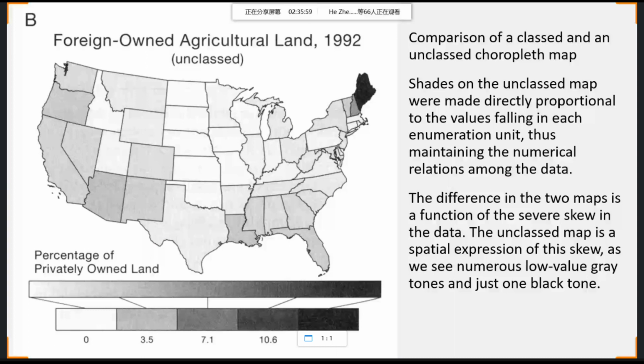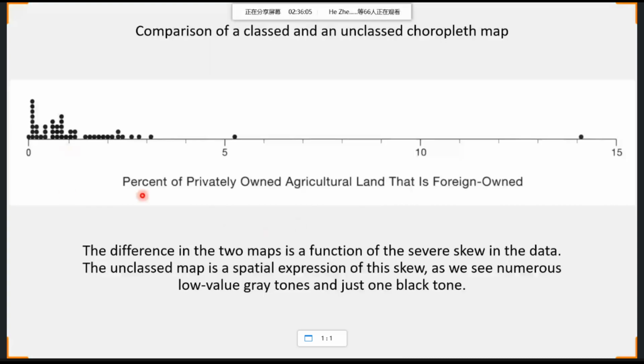So you see here the comparison of classed and unclassed choropleth map. This is the number line. And you have the percent of privately owned agricultural land that is foreign owned here. And you have the states now of the United States. So each dot here is a state of the United States. And you see it's positively skewed. So it's very similar to our example from the classification chapter.